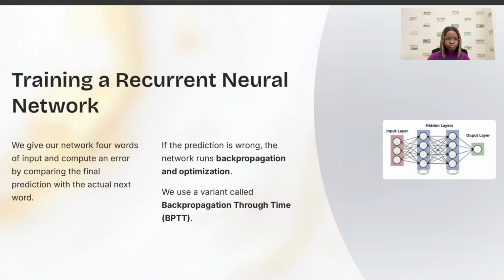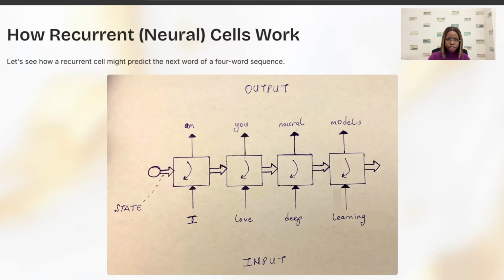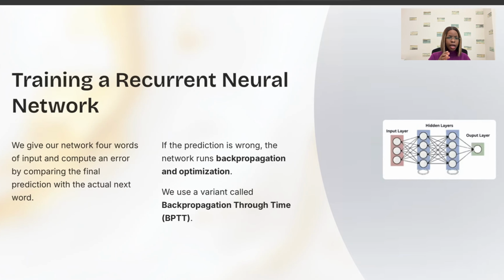Good. So, as we said, we gave our network 4 words of inputs, and then we compute an error by comparing its final prediction, which is models here, as you can see, to your topmost right, with what we actually had in mind.